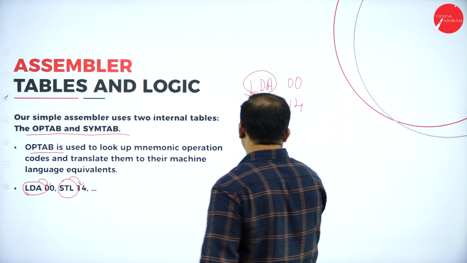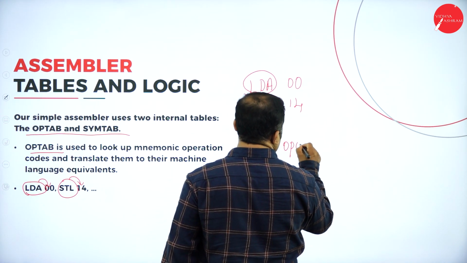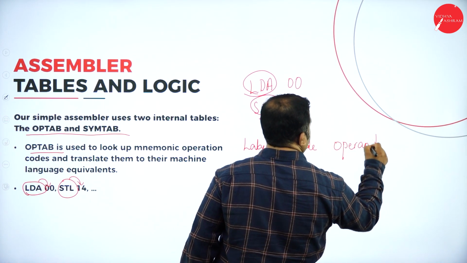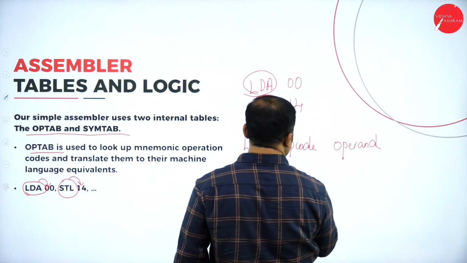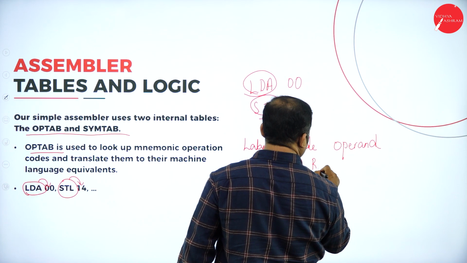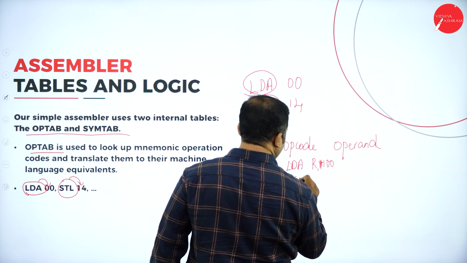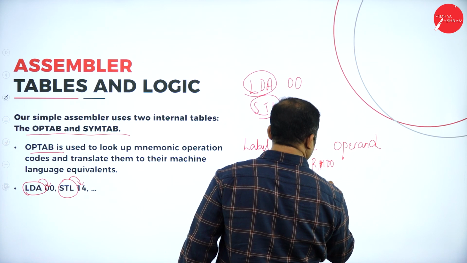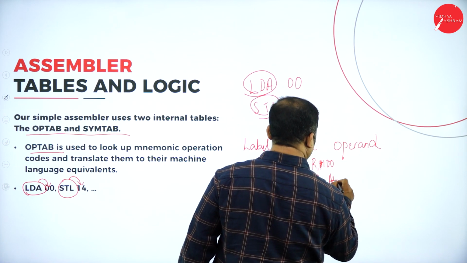So a label, opcode, operand: three columns are there. Suppose here I will use L1, L2, L3. Somewhere in the opcode I will use LDA R1, 100, and STL R1, L1 or L2.